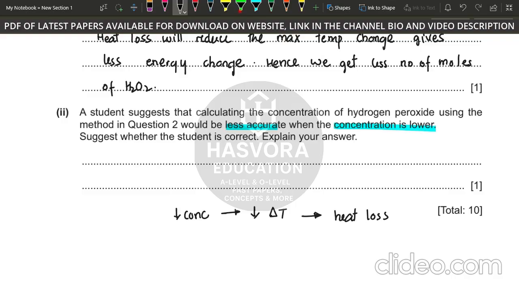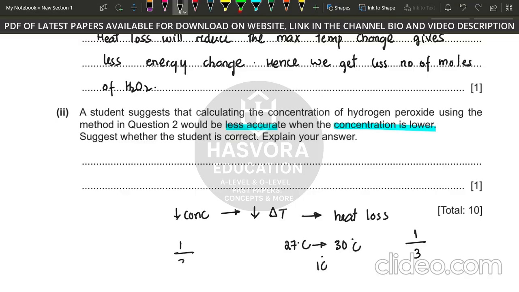For example, if I have a change from 27 Celsius to about 30 Celsius, because of the low concentration, and we have a heat loss of about 1 Celsius, then we have 1 divided by 3, so 1 divided by ΔT, which is the change.